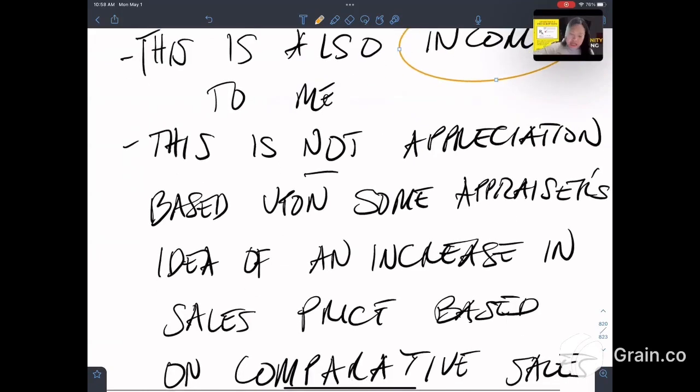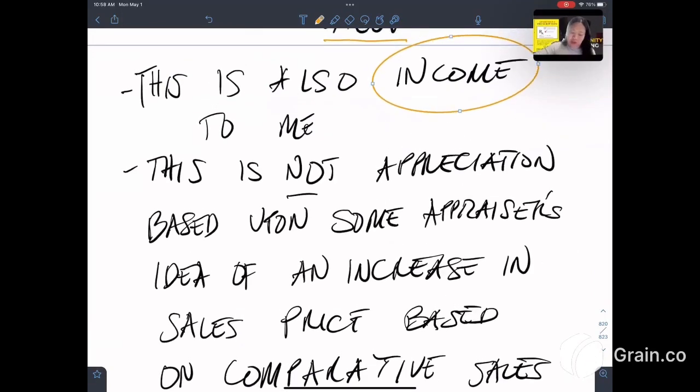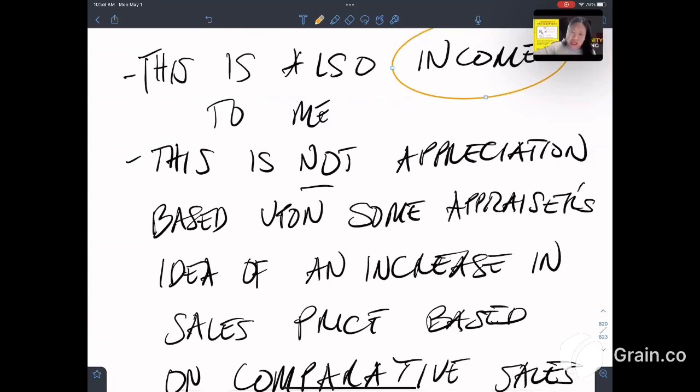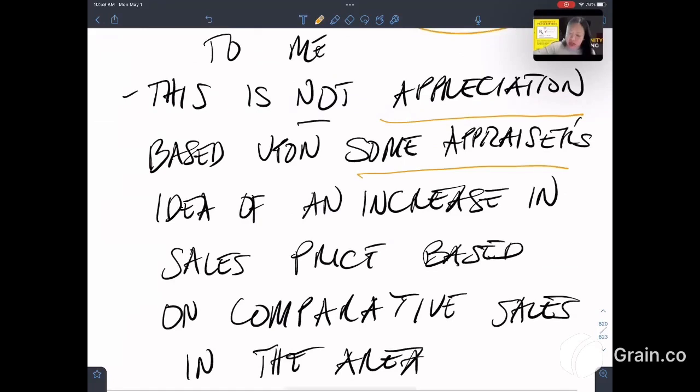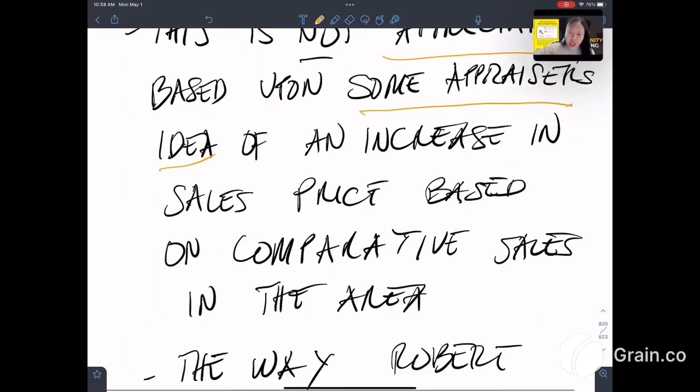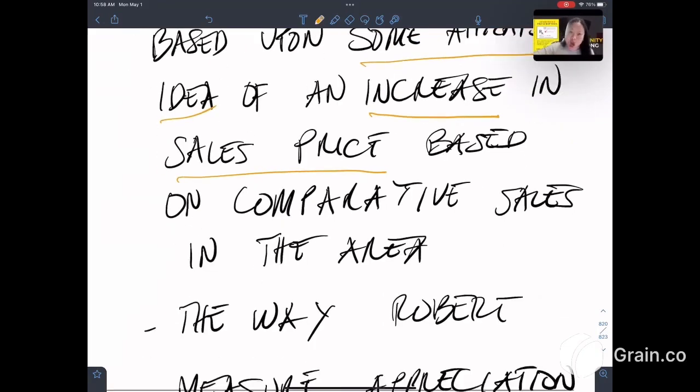Now, when you have big properties, such as Robert Kiyosaki's in the hundreds, in the thousands, when they talk about appreciation, this is not appreciation based upon some appraiser's idea of an increase in the sale price based on comparative sales in the area.